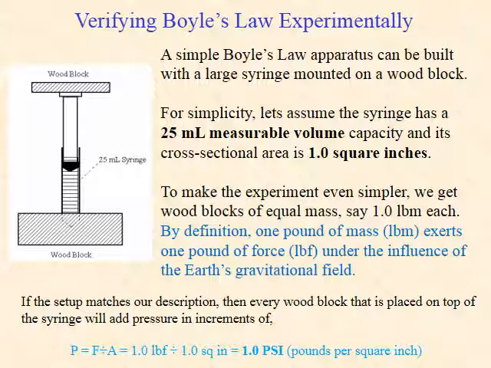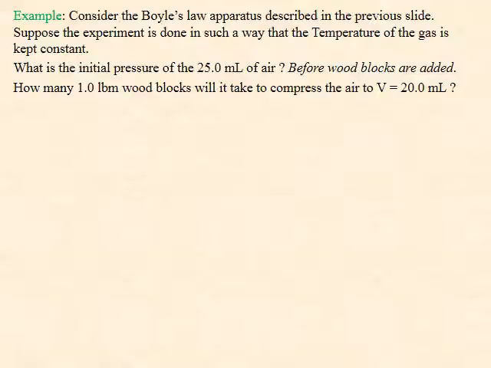By definition, 1 pound of mass exerts 1 pound of force under the influence of the Earth's gravitational field. If the setup matches our description, then every wood block that is placed on top of the syringe will add pressure in increments of 1.0 pounds of force per square inch. Now we are ready to do some calculations.